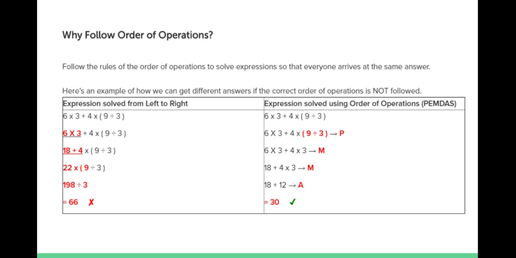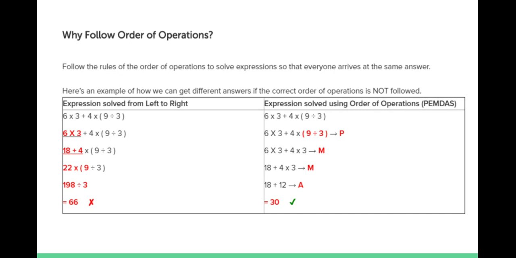The next line, they did 18 plus 4, that's 22. Then they solved 22 times 9 is 198. Then they divided by 3 because they just went straight across. They got that their answer was 66. Because they did not follow the order of operations, this answer is wrong. Their answer is not correct.